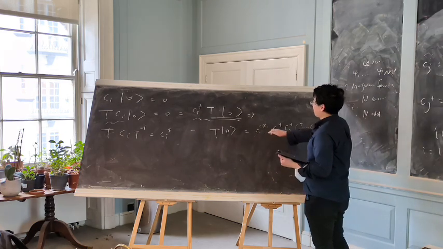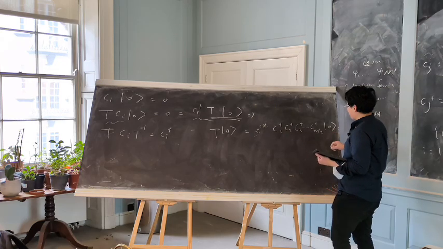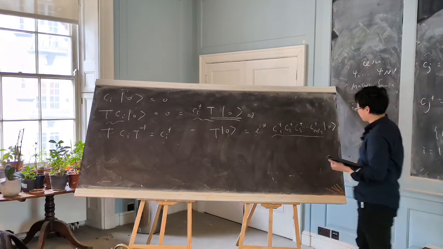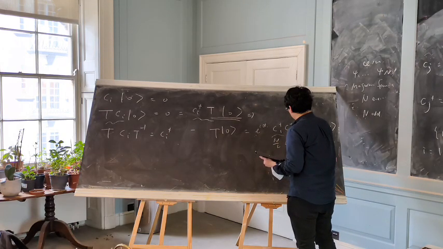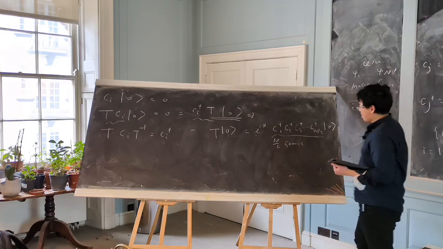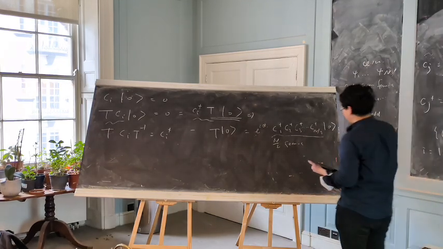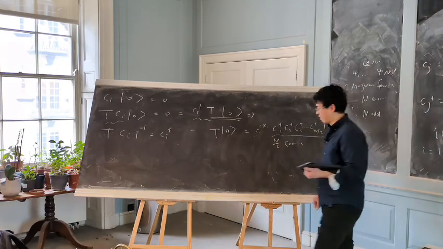Now you can see the following property. You start from the zero state without any fermion, and the state now has n over 2 fermions. Therefore this state will be fermionic if n over 2 is an odd number, and the state will be bosonic if n over 2 is an even number.